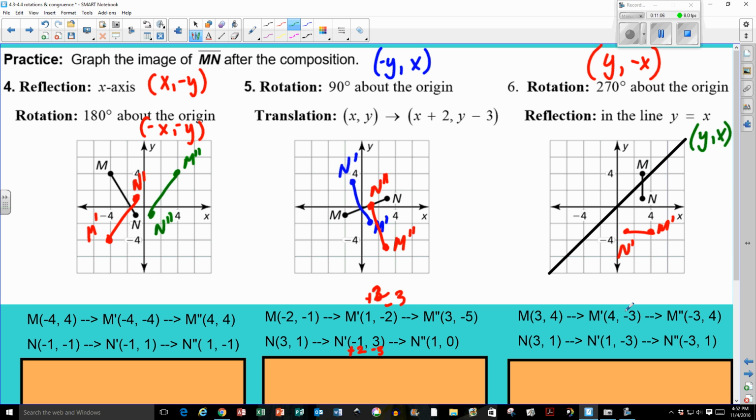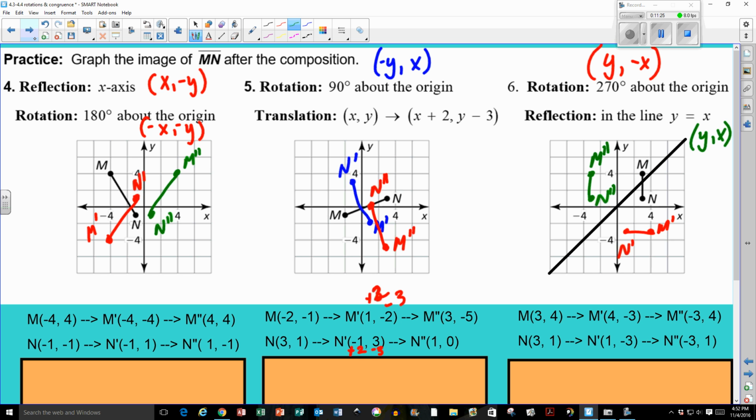So now these 2 points just trade places. So 2, -3, 4. So there's m double prime. And 2, 3, 1. There's n double prime. And there's your line segment there.